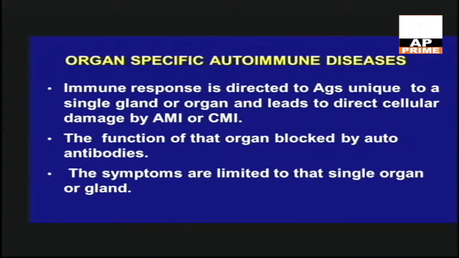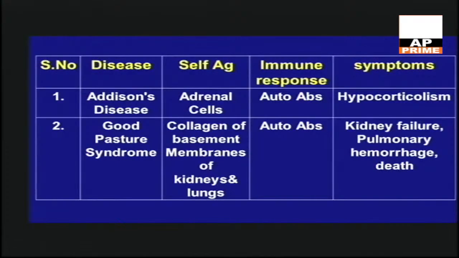So let's have a glance at these autoimmune diseases. The first example is Addison's disease, where autoantibodies are produced against the adrenal cells, and the symptoms include hypocorticolism, that is, reduced production of adrenal hormones.